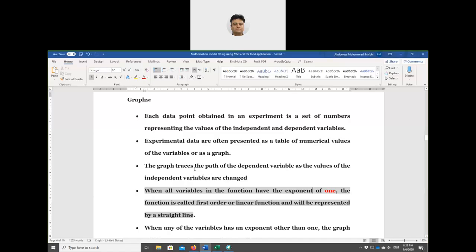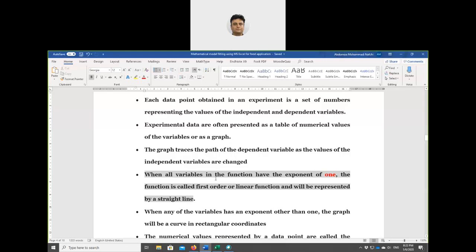The graph traces the path of the dependent variable as the values of the independent variable are changed. When the independent variable changes, the graph shows the path the dependent variable follows, over the independent variable.